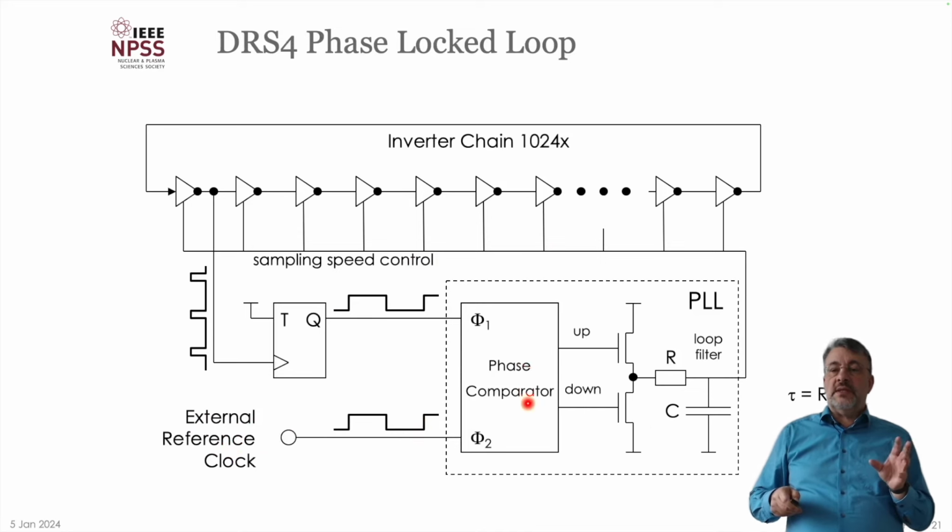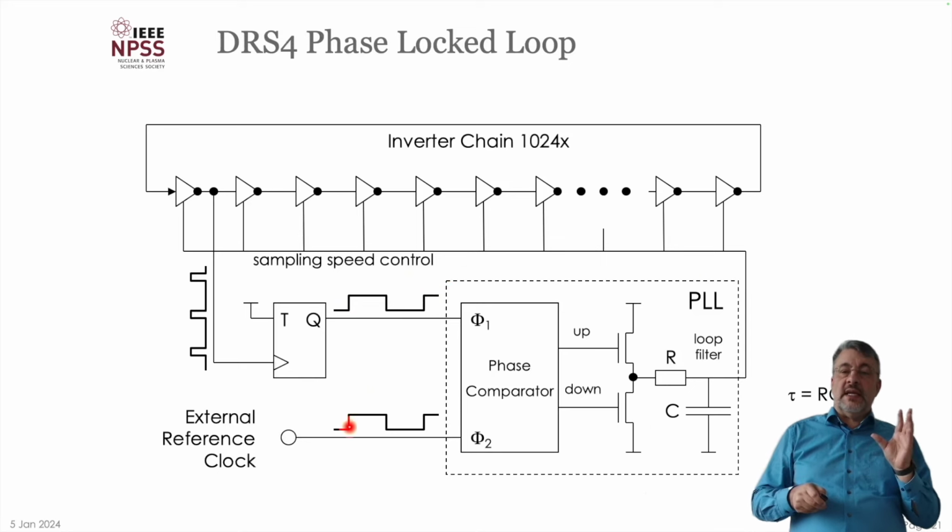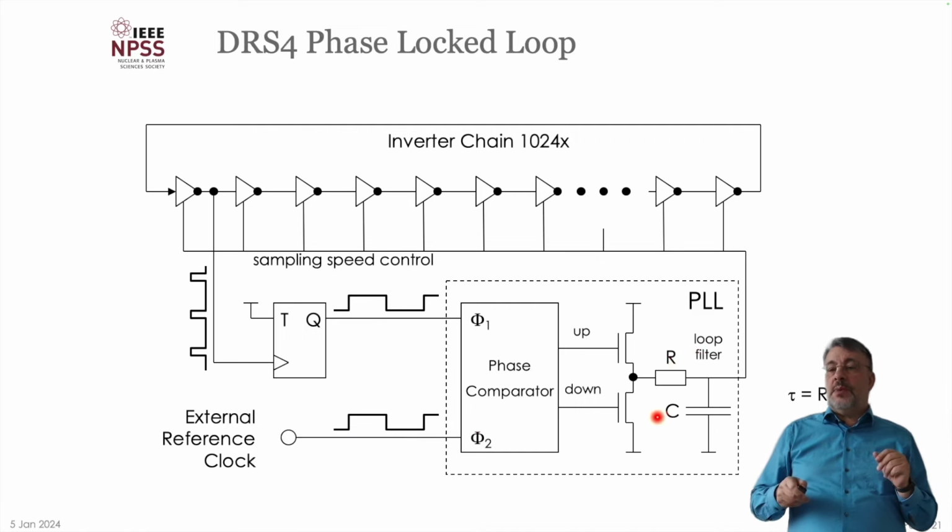If there's a phase difference, you get these up and down pulses with an RC loop filter, and then the speed of this voltage controlled oscillator is controlled in such a way that the frequency of this chip is exactly in phase with the external frequency of the reference clock. And the loop filter here has a typical time constant tau of R times C.